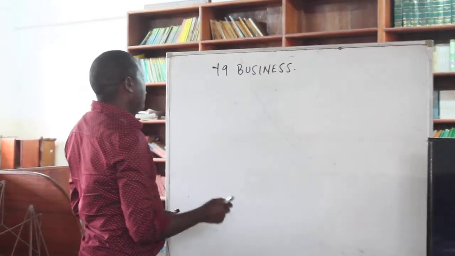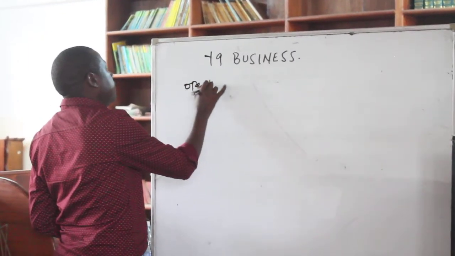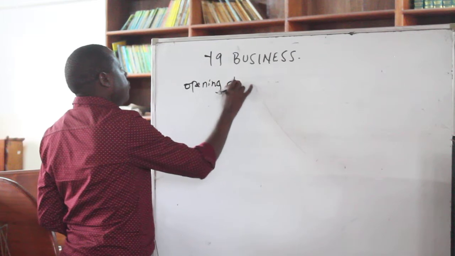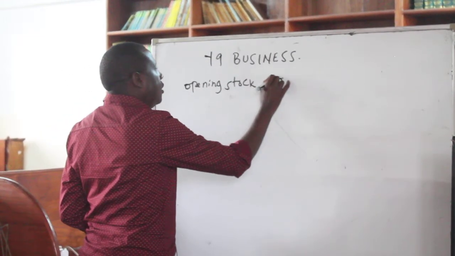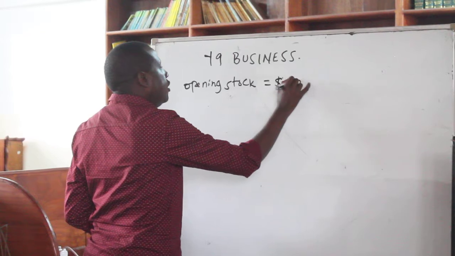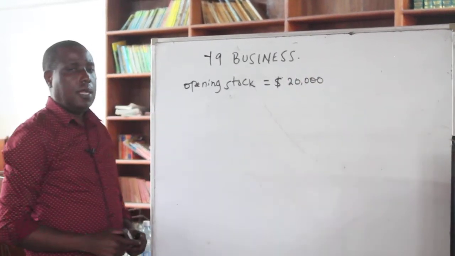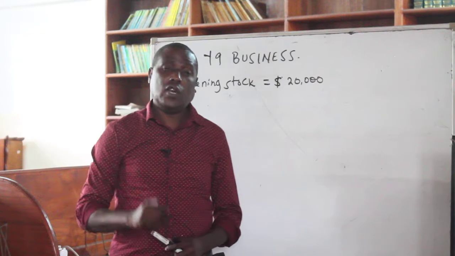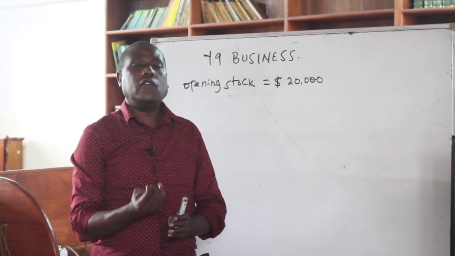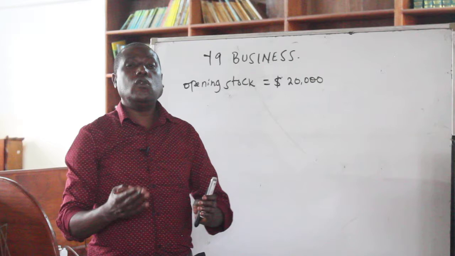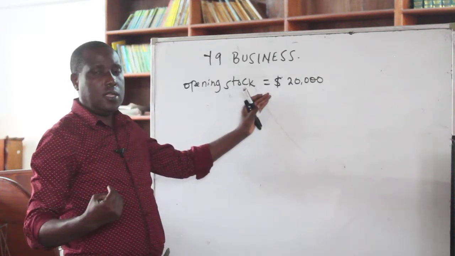So, you have a business and your opening stock is equal to $20,000. Now, $20,000, this is your opening stock. This refers to the value of stock. Stock refers to the goods that the business sells. So this is what you start trading with.